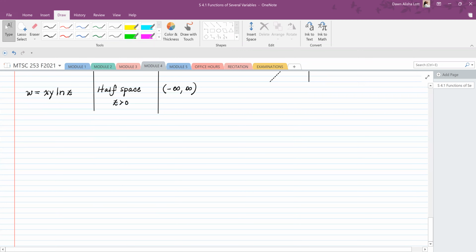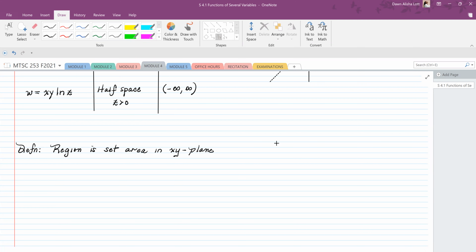Let's talk about what it means to have a region. Okay, so a region is going to be a set area in the XY plane. So here's the XY plane.